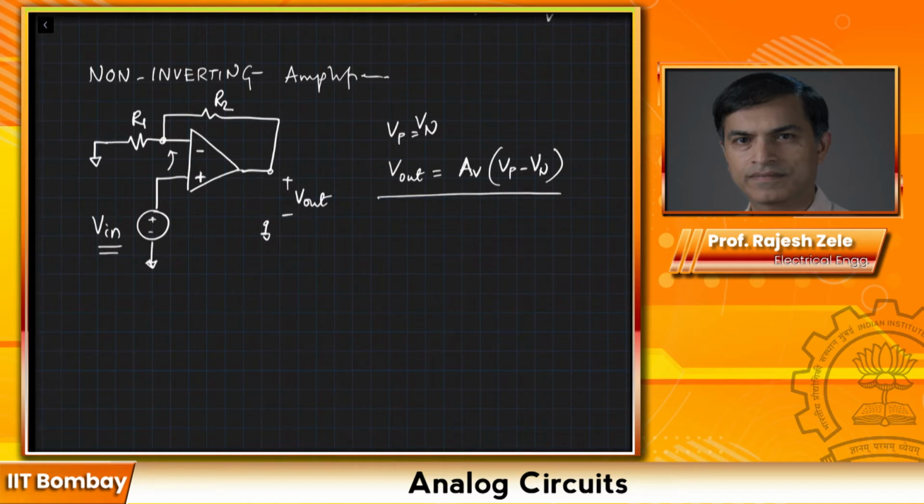So we can substitute here: Vout equals Av times (Vin minus Vn).